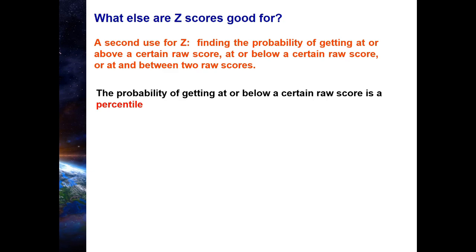So saying that 90% of the kids Troy's age were his height or shorter is the same thing as saying the probability of a child just being picked at random being that height or shorter is 90%.